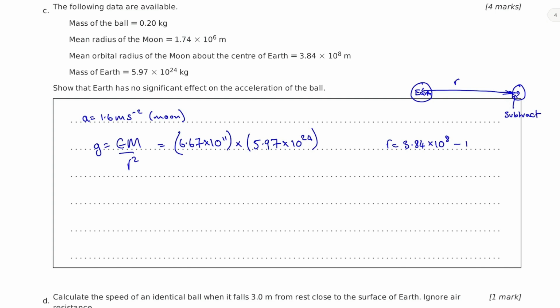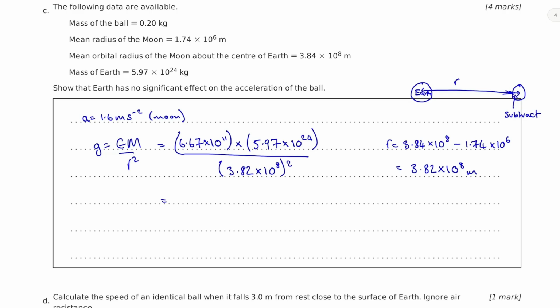Let's take that away. Let's do a quick sum. So our radius is 3.82 times 10 to the 8. Let's pop this back into the sum here.